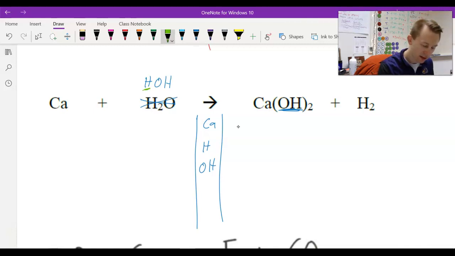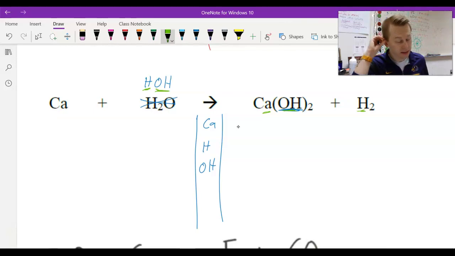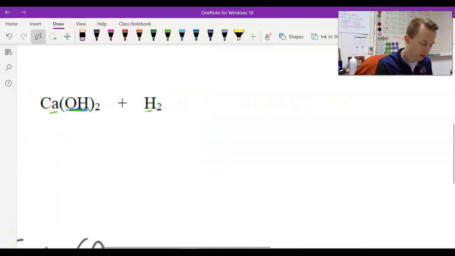I've got the H's that I need to balance, I've got the OH's that I need to balance, and I've got the Ca's that I need to balance. Okay, so let's look at it this way and see how it goes. But before we do that, let's make a note off to the side. So tip number 2.